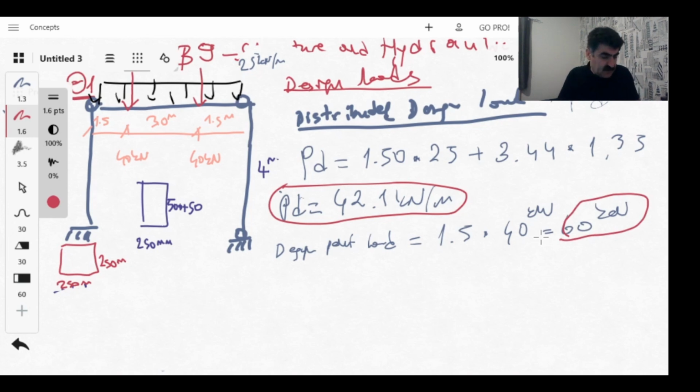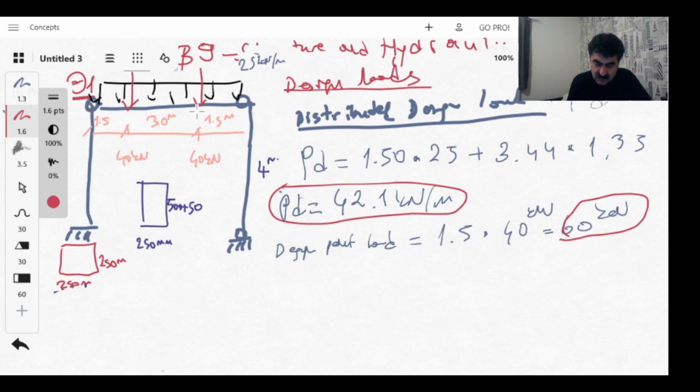Okay. So by using those values, I am going to calculate the moment and actually the design axial load in the column. I need to first calculate the loads transferred to the column.